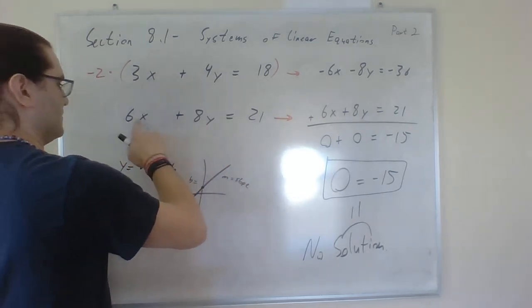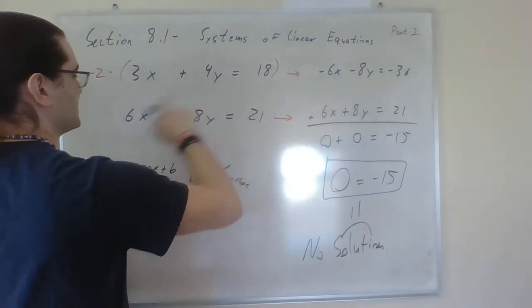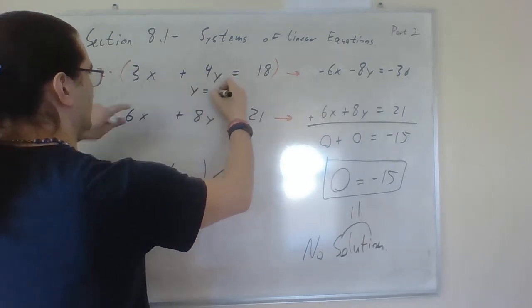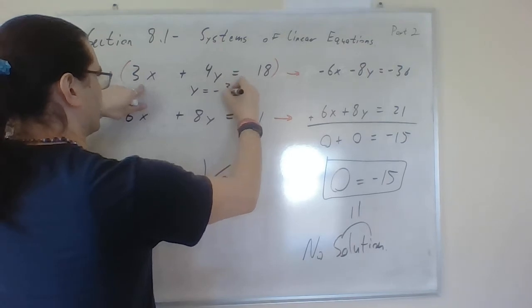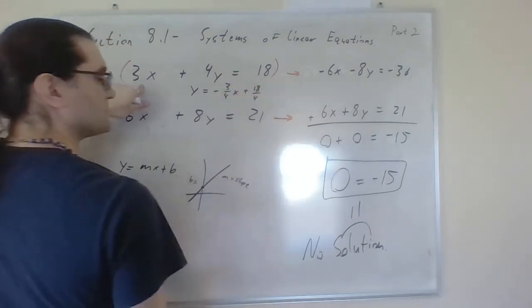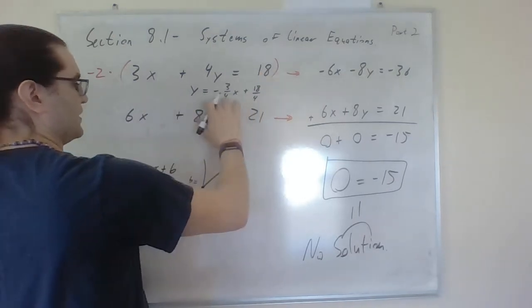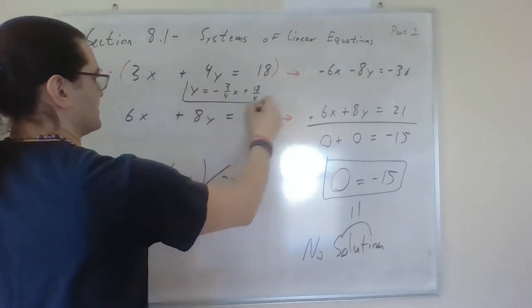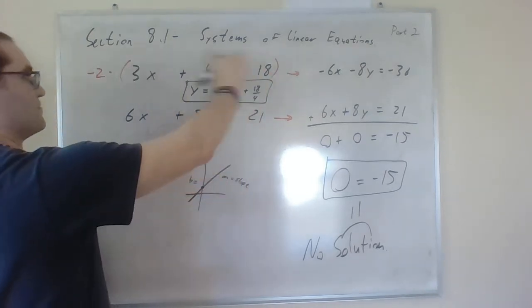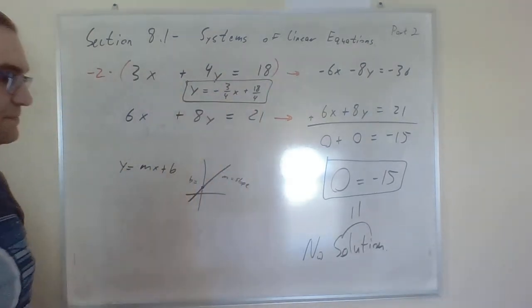You could solve this one by saying y equals negative 3/4 x plus 18/4. If you move the 3x over here and then divide everything by 4, this is the y equals mx plus b version of this same function, but they are the same function.